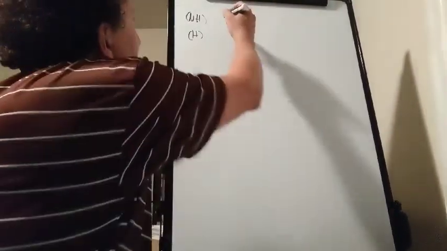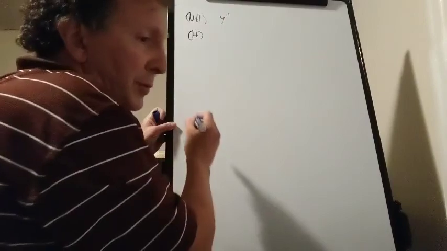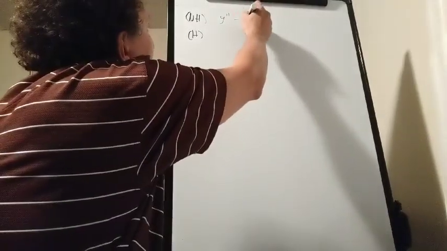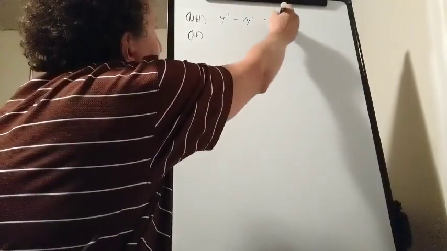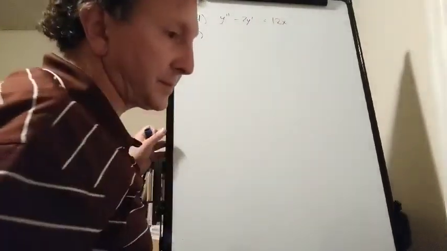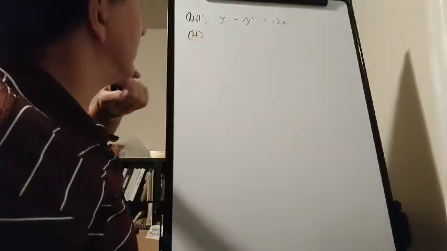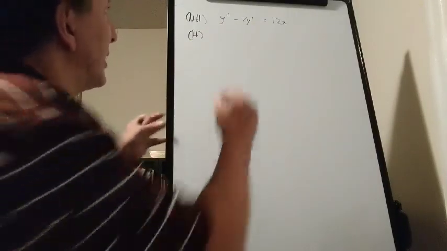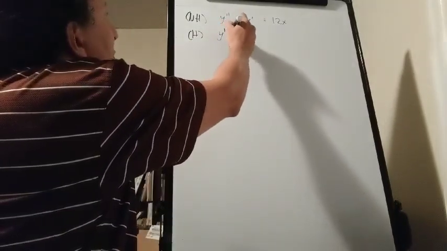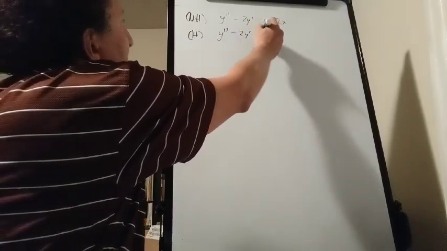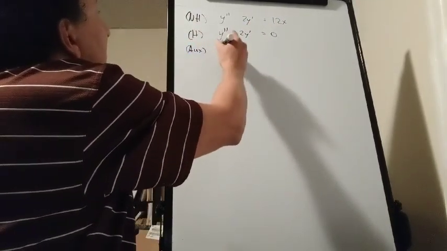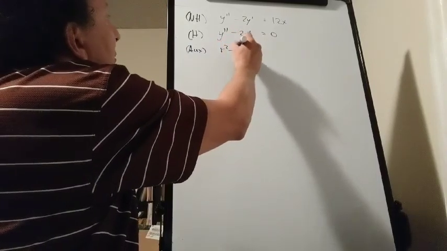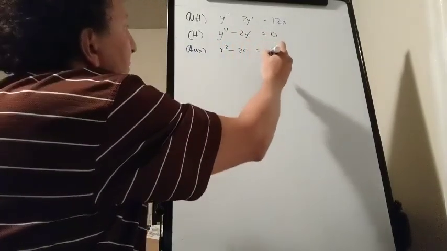Let's look at the non-homogeneous equation y double prime minus 2y prime equals 12x. So there's no y in it, just y prime and y double prime. Then the homogeneous equation is y double prime minus 2y prime equals 0. The auxiliary equation is r squared minus 2r equals 0.